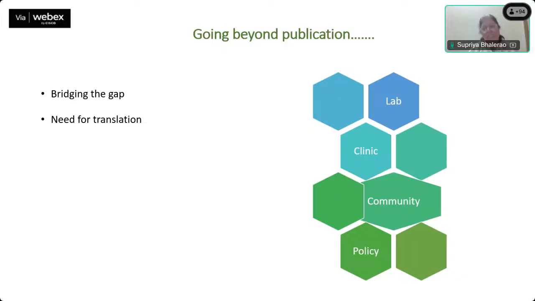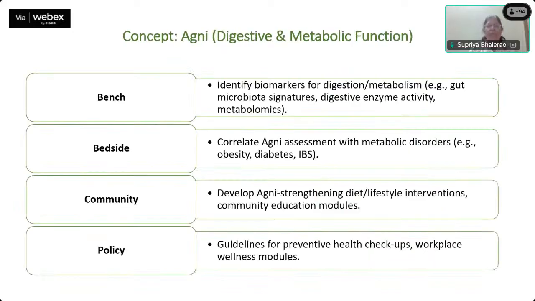Whatever work we are doing in research, as our MD thesis, PhD thesis, faculty projects, that work should get translated or should be used in clinics, should go to community, and somewhere it should reach policy. Now, of course, you will say that everyone cannot reach policy, but at least our research should have some kind of impact, that it should at least reach clinics.